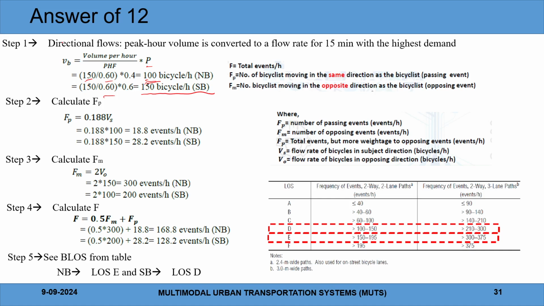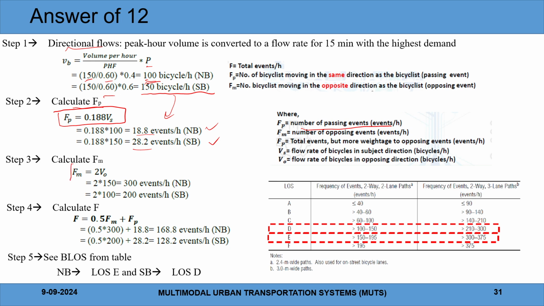Now that is the directional flow. Now we need to calculate FP, that is the number of passing events. The formula for FP is FP equal to 0.188 Vs. If we directly put these values, 100 and 150, into this formula, it will be 18.8 and 28.2 for northbound and southbound.